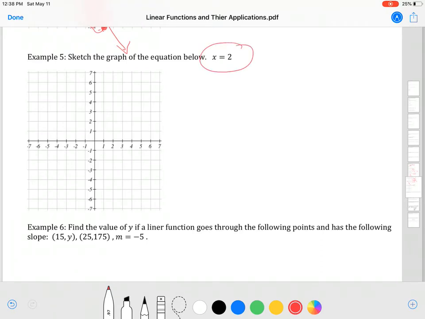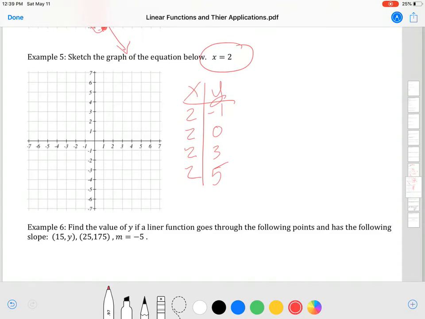I know that no matter what my value of y is, this is saying my value of x is always 2. So we can make an xy chart if you want. No matter what my y value is, my x is always going to be 2. So we can just plug in some points there.